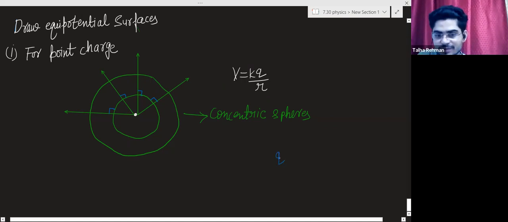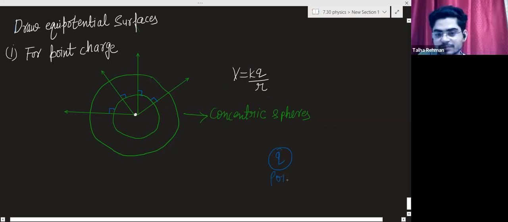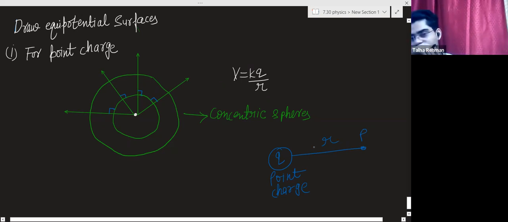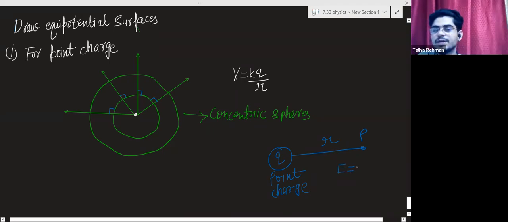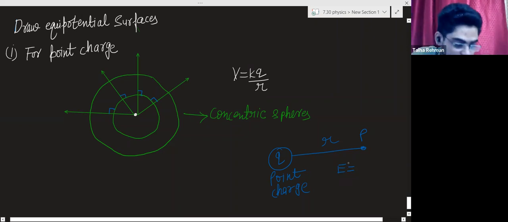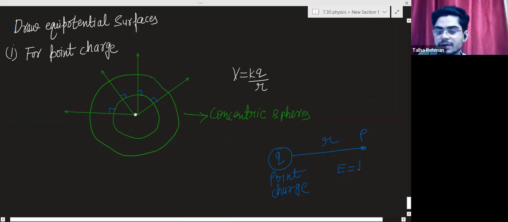Suppose I am giving a point charge and I am asking you to calculate the electric field at this point P. I am only asking magnitude. Just simply KQ by R square.